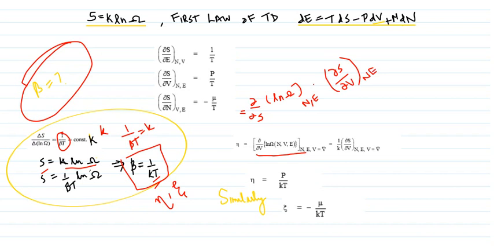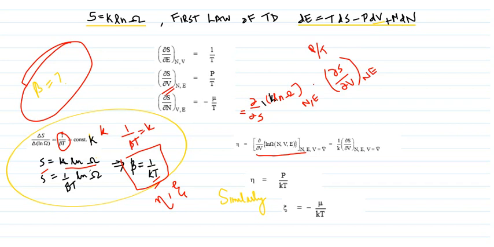Now what is dou S by dou V at constant N and E? It is this one, P by T. So this can be rewritten as P by T. And what is dou by dou S of ln omega? You know that k ln omega is S itself.